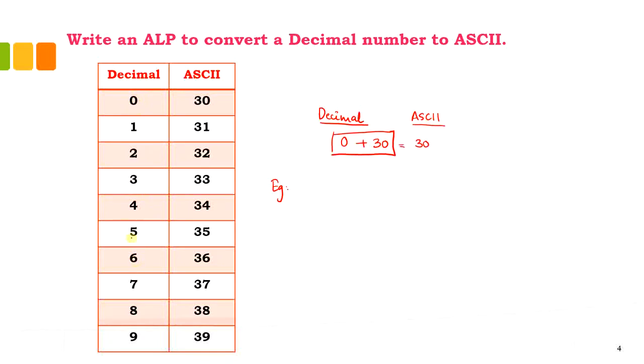So let me randomly consider an input decimal number to be, say, 07. To convert it into ASCII, all I need to do is add 30 to this, and this will become 37 in ASCII.